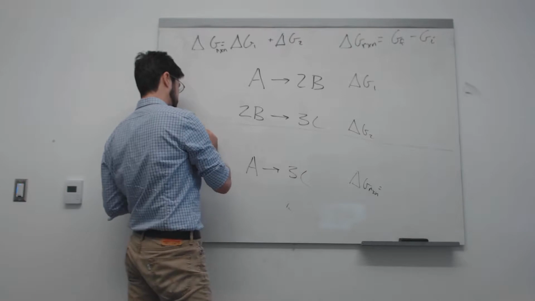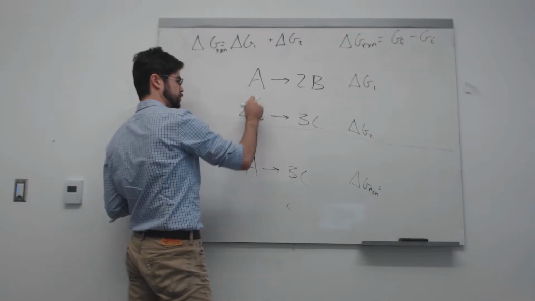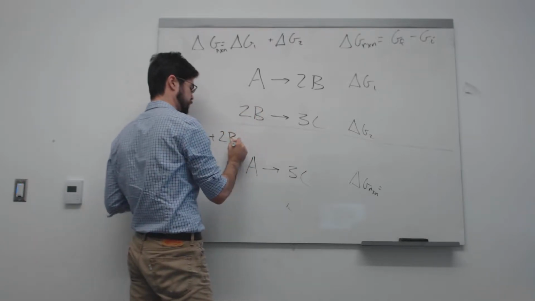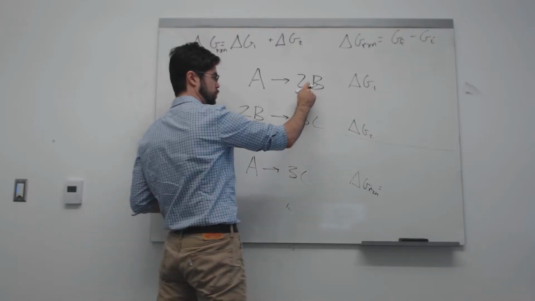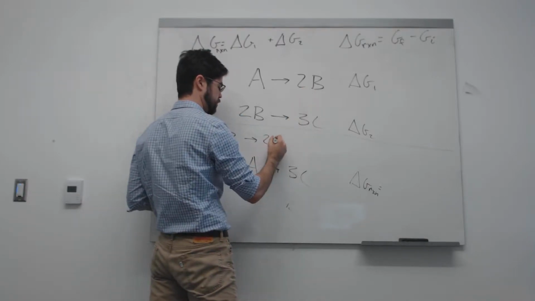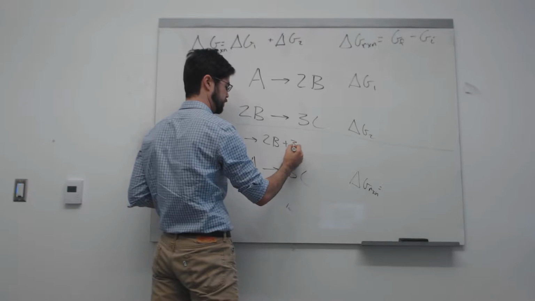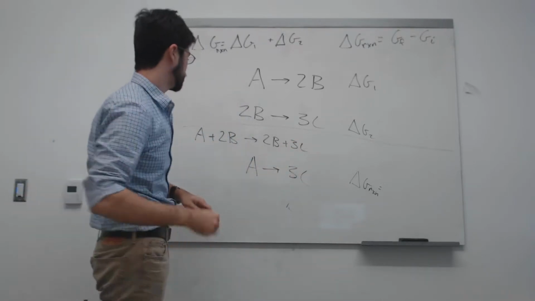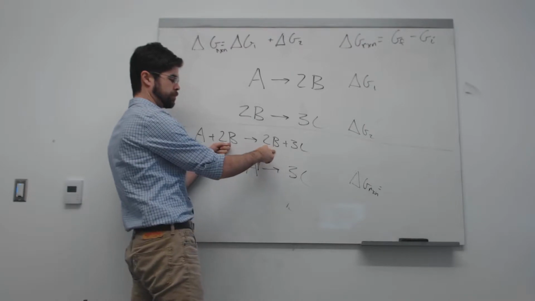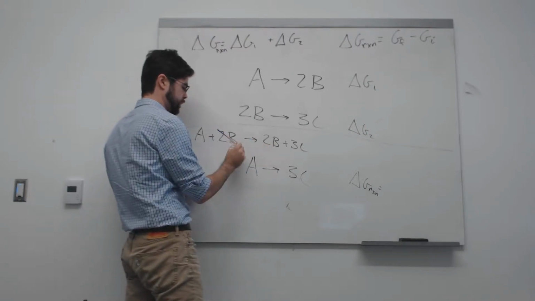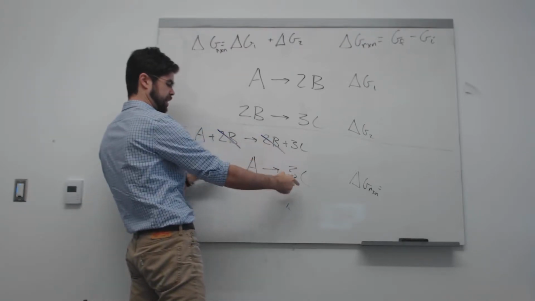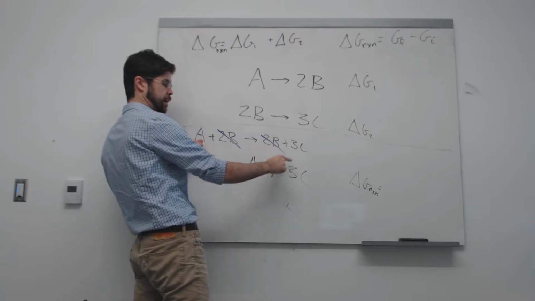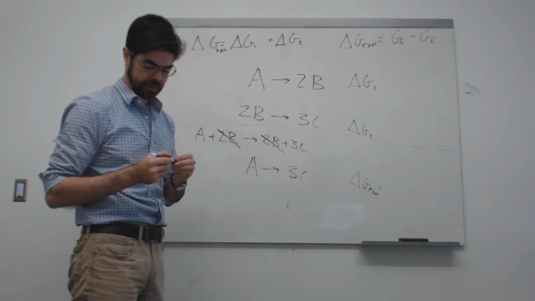So I have that A plus 2B goes to 2B plus 3C. And then we can note that the two B's are on both sides of the equation, so they'll cancel each other out, and that will get me my net reaction of A converting into 3C.